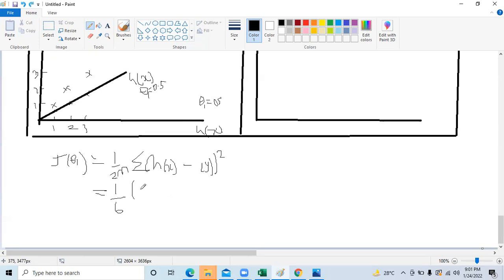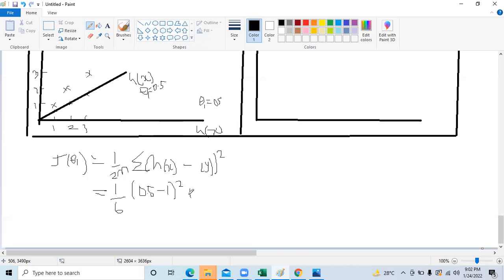Right. 0.5, we have 0.5 here, right? Minus 1. So 0.5 is our predicted variable. Minus 1. 1 is our y, our actual variable. Minus 1 all squared.